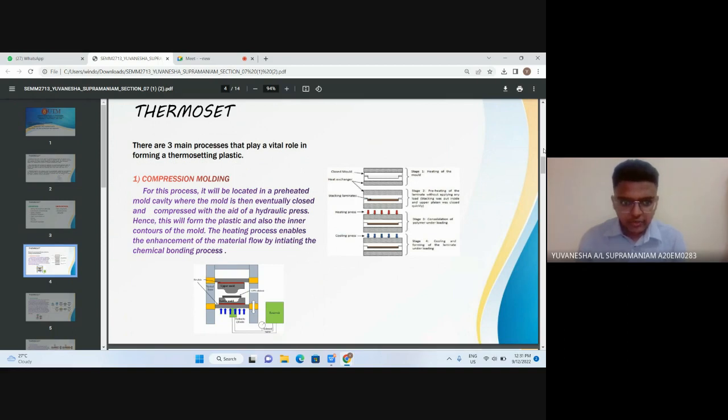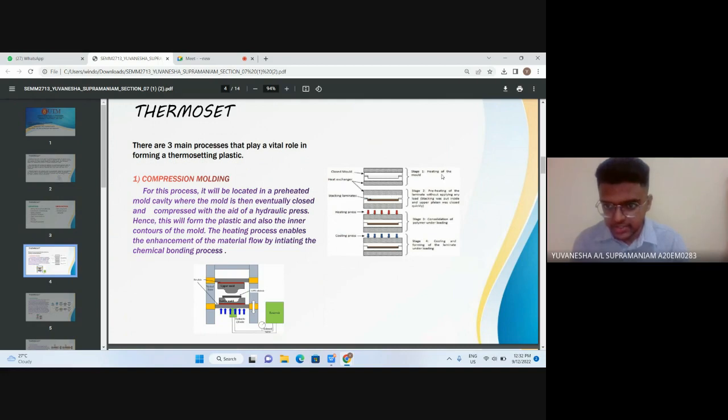Hence, this will form the plastic and also the inner contours of the mold. The heating process enables the enhancement of the material flow by initiating the chemical bonding process. This is the illustration of compression molding process.